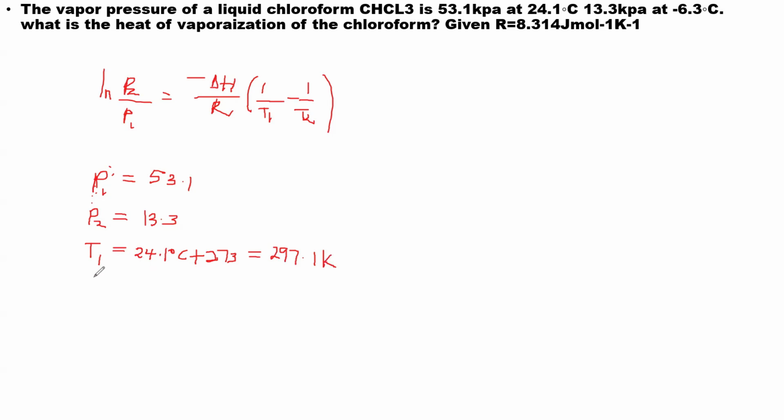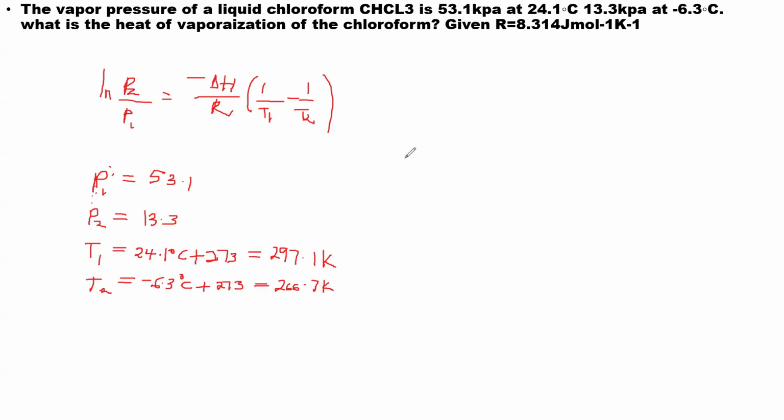And then for T2, it is going to be minus 6.3 degree centigrade plus 273, and this will give us 266.7 Kelvin.